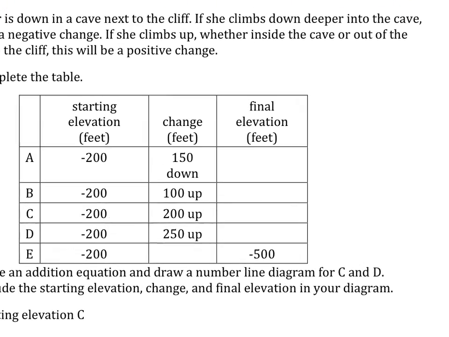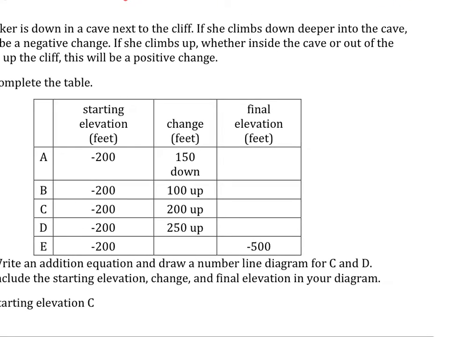So when I think about my addition problems, for A, if the spelunker started at negative 200 and went down 150, that's a negative connotation. So I'm going to do negative 200 plus negative 150. In this case, I see the signs are the same, right? They are both negative.